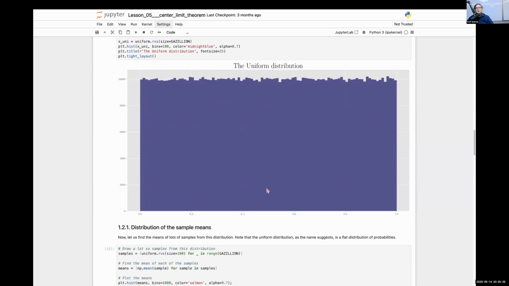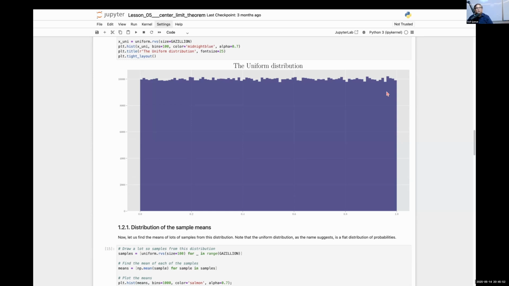We take a uniform number. You see that these are random numbers, uniformly distributed from 0 to 1. More or less, you see the frequency of each of the numbers is about the same. The y-axis is 10,000. Even though it looks a little bit jagged, that is because of random sampling. Now, what is the average?